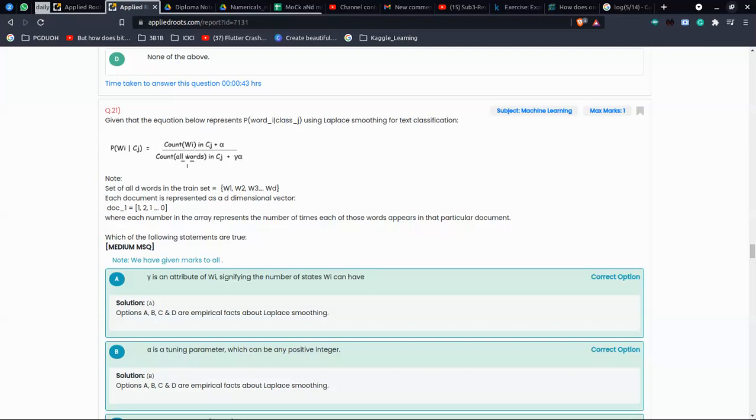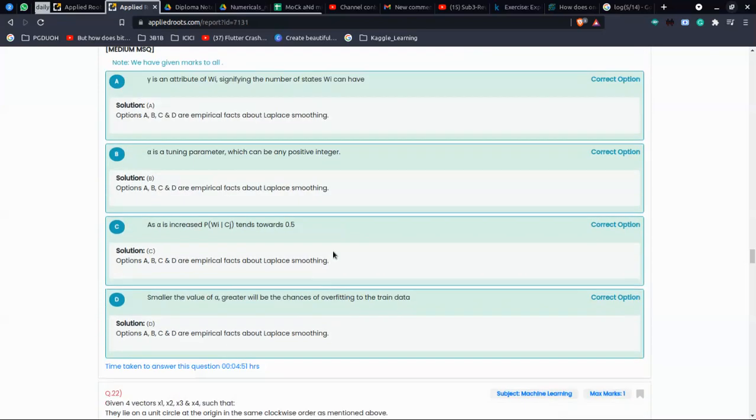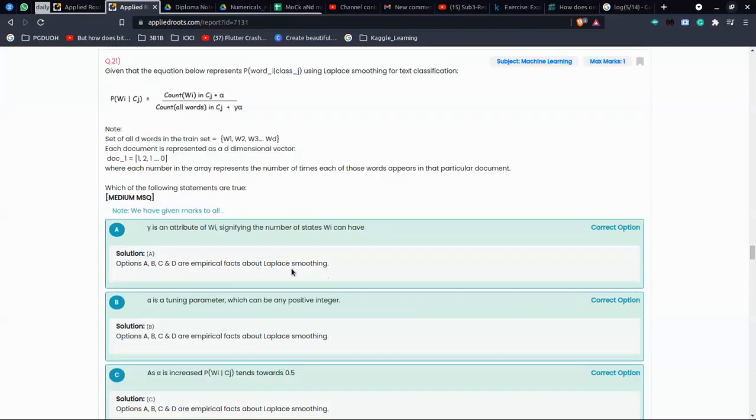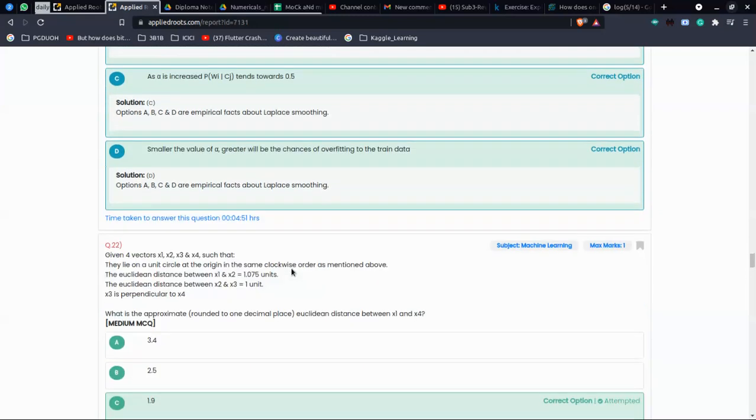So you need to count all the words. In that case, if the alpha is very, very high, you will get 1 divided by gamma. If it is just 2 classes, then it would be 0.5, but it is 1 by gamma. So this option C was incorrect. It tends towards 0.5, and they were saying option C is correct, but it is not. Okay.